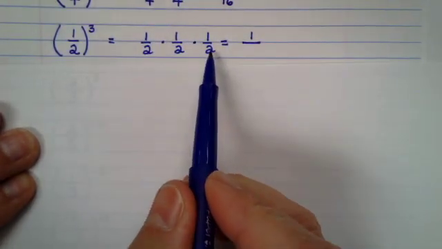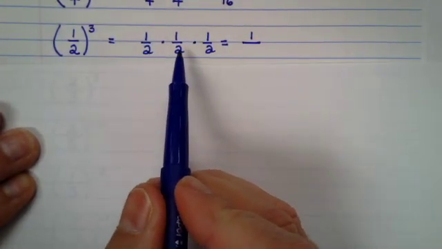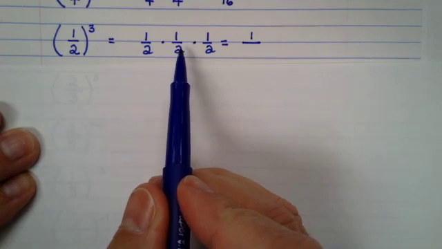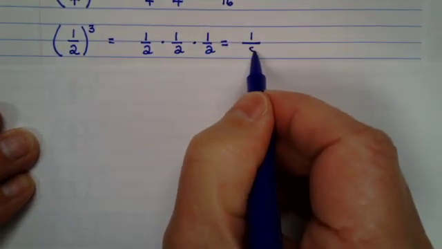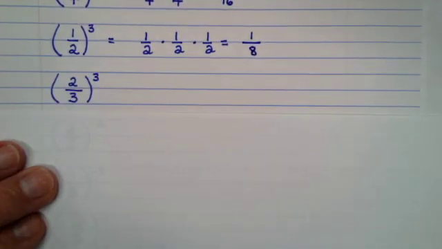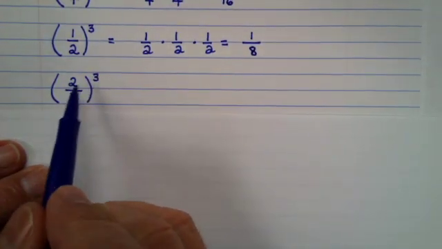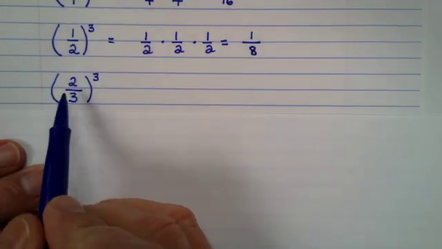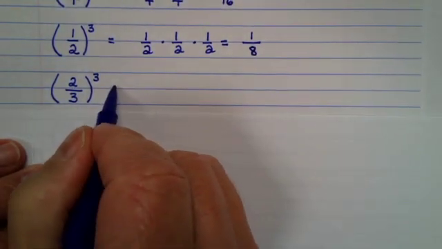Then I'm going to multiply my bottom numbers together. 2 times 2 is 4. And 4 times 2 is 8.